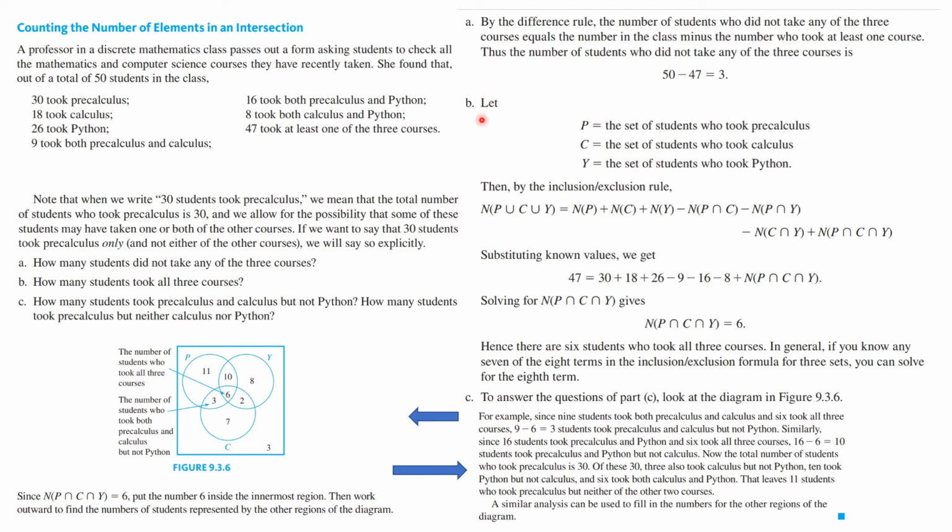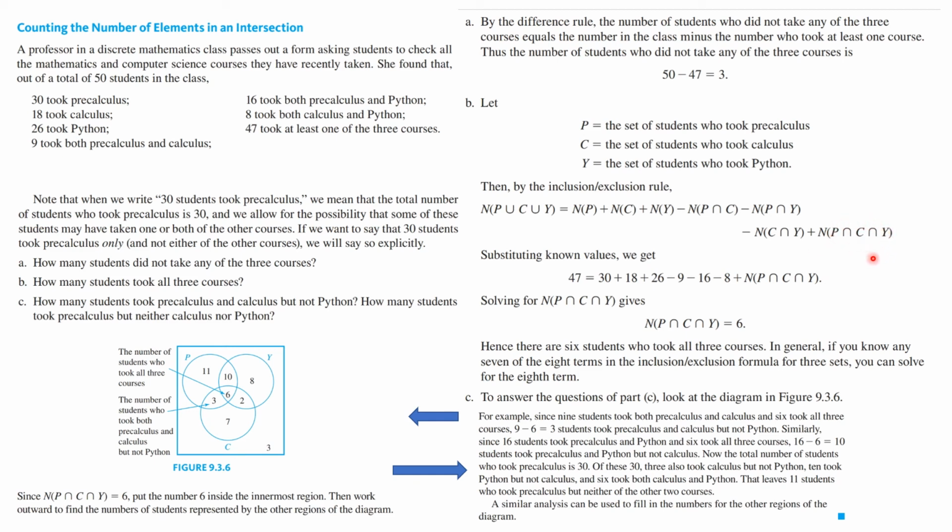Okay, so we're going to say we have this, and by the inclusion-exclusion rule, and here we're saying how many students took all 3 courses. We're trying to find the size of the intersection of those 3 sets. But we know by the inclusion-exclusion rule that the size of P union C union Y is the sum of the sizes of the individual sets, and we subtract off the pairwise intersections, and we add back in the intersection of all 3.